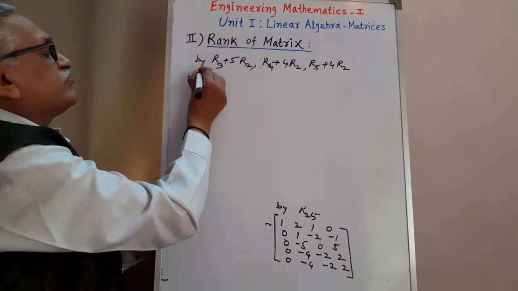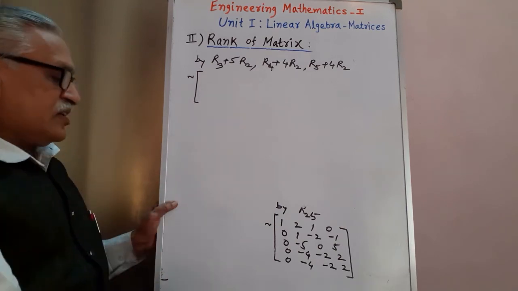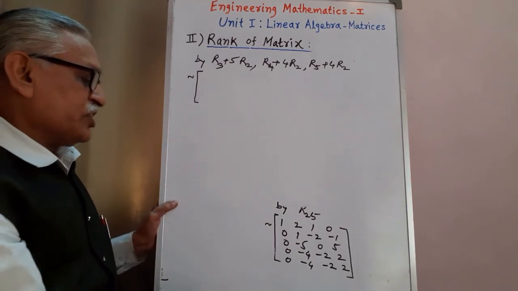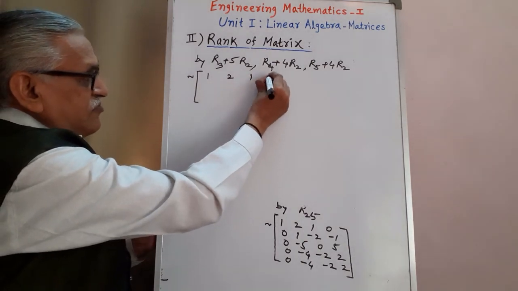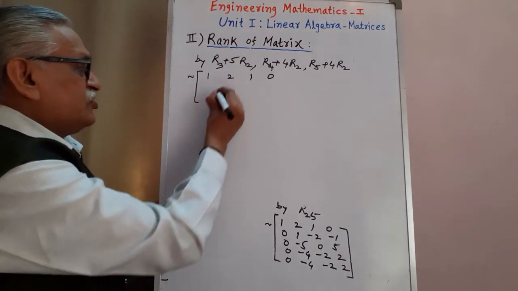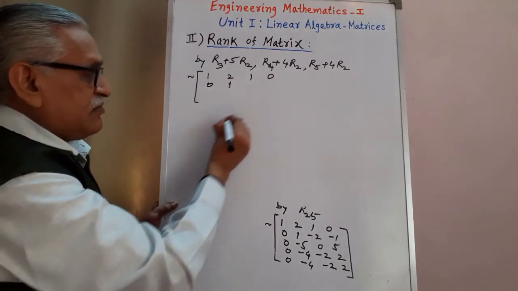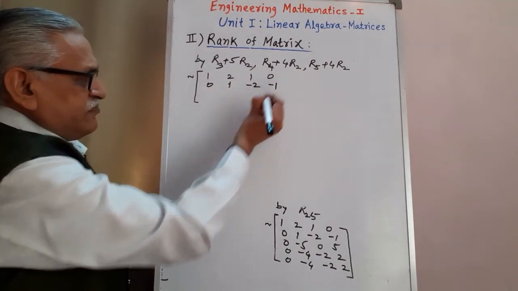We get first two rows no change, 1 2 1 0 first row, second also no change, 0 1 minus 2 minus 1.